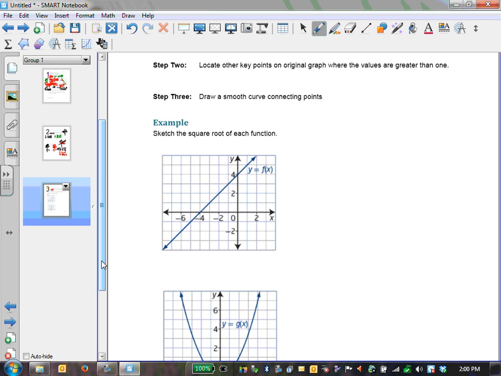So y is 0 here, and 1 is here. You with me so far? So this would be -4 and 0, and -3 and 1 on the original graph.